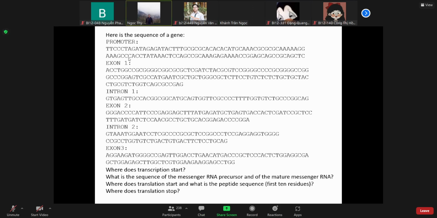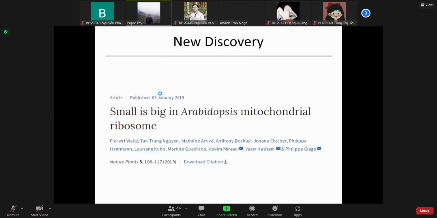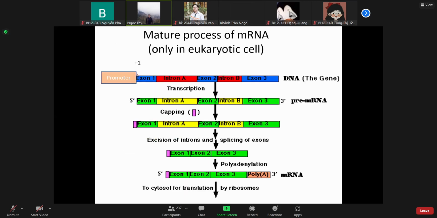Okay, so the first question: where does transcription start? We have identified it, studied it in today's lecture, right? Transcription starts in here, right after the promoter, right?